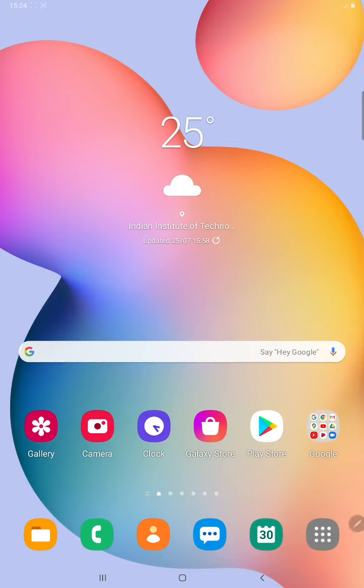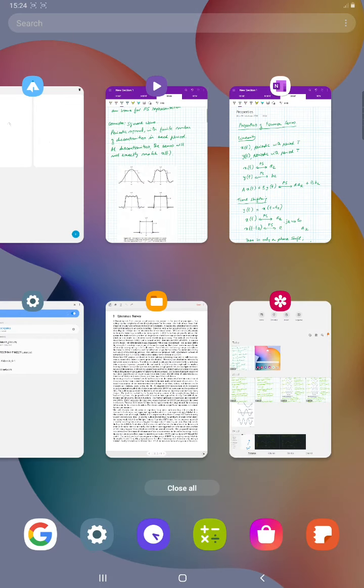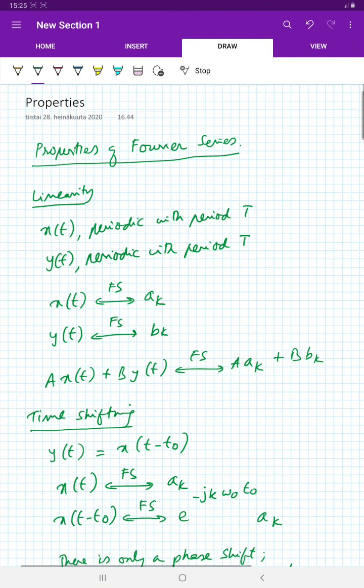So in this video we will look at some of the properties of the Fourier series which will be useful to us.